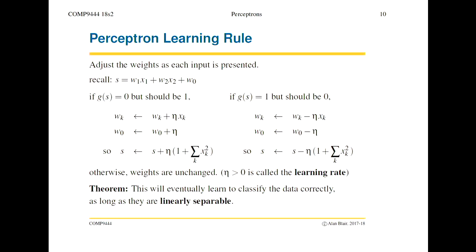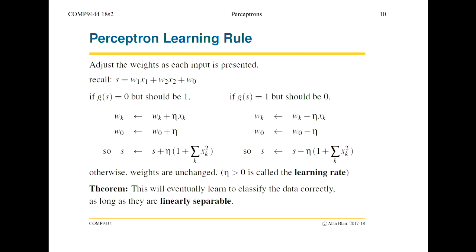So I present the first image and I calculate the output based on the current weights of my network. And the output is either 0 or 1. Now, if the network classifies that image correctly, we don't do anything.